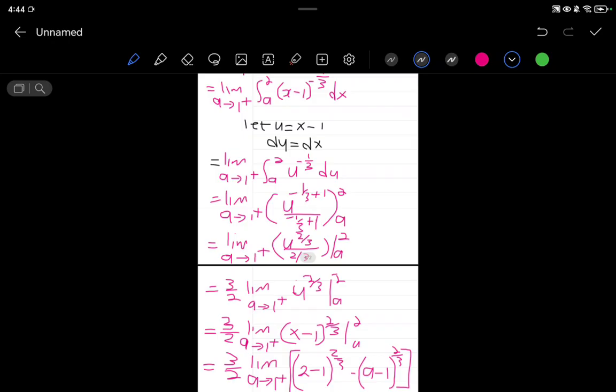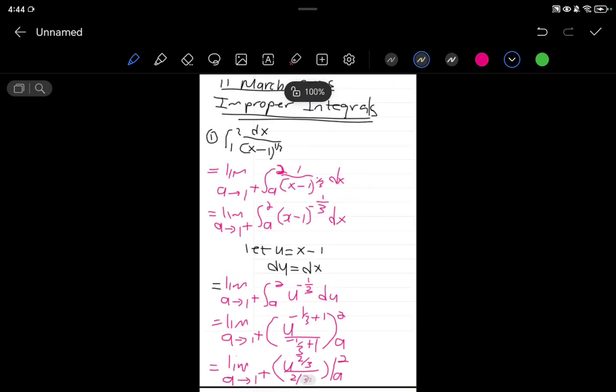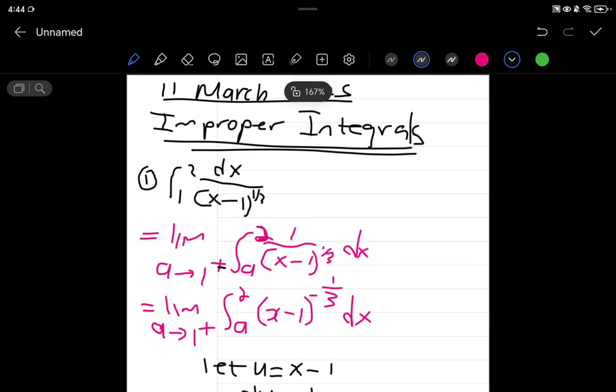So we get this right now. Do you agree? Yes. All right. So I can continue, right? I was saying here that they can ask you a question, and they say, determine whether the integral converges, and if so, find its value.